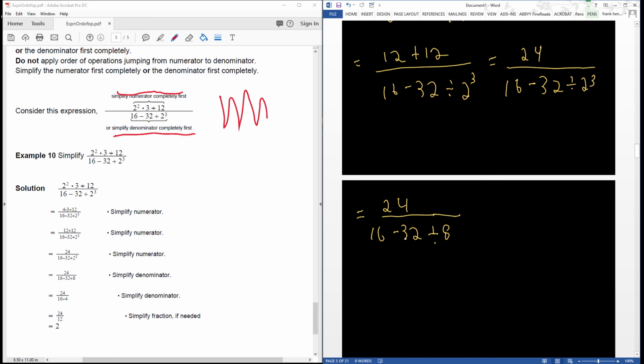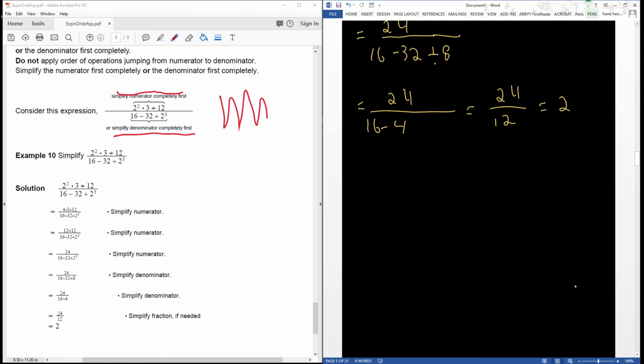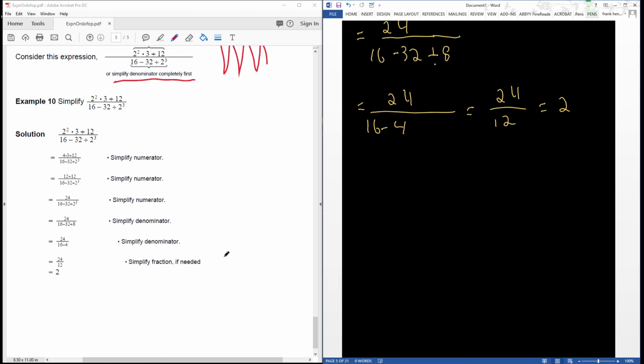Next thing is multiplication and division. 32 divided by 8 is 4. Then addition and subtraction. 16 minus 4 is 12. And 24 divided by 12 is 2 for my final answer there. And that's the end of that section.